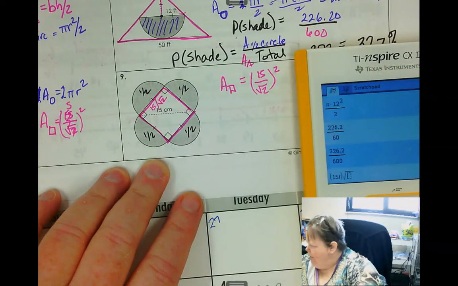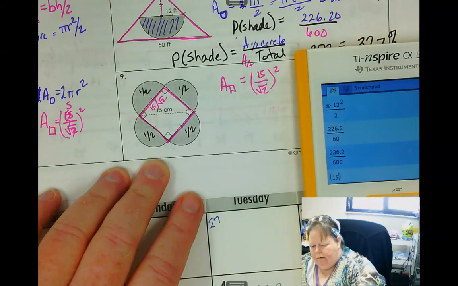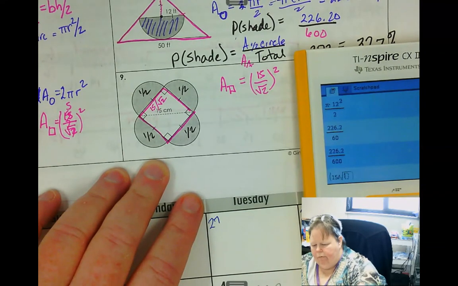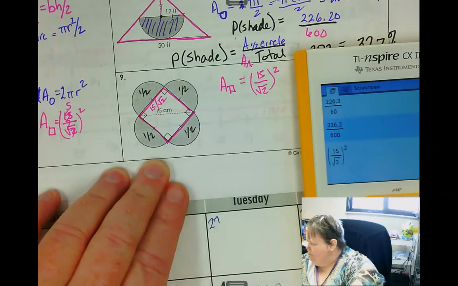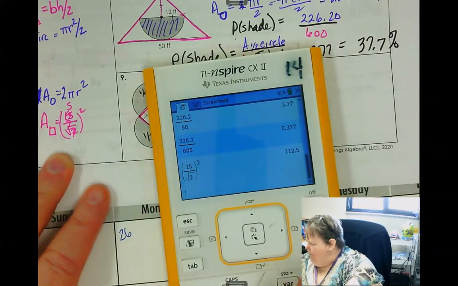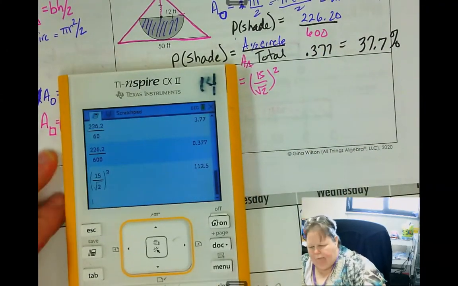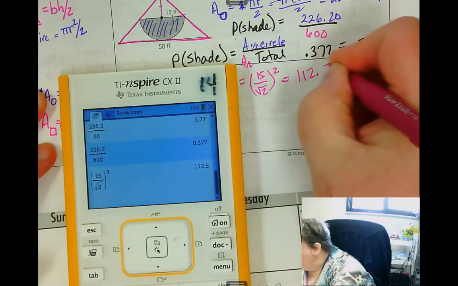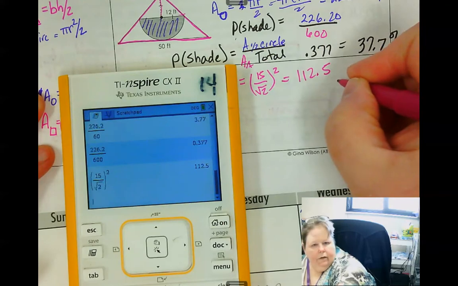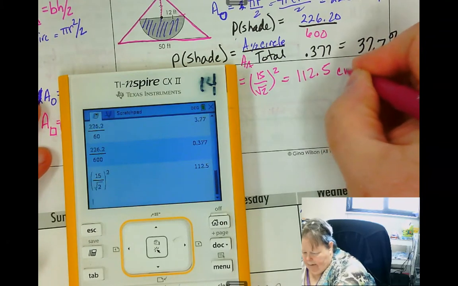Oops, it's still not working for me. Divided by square root 2. Now I'll move out of the parentheses. Squared. And I get 112.5, and this is in square centimeters.